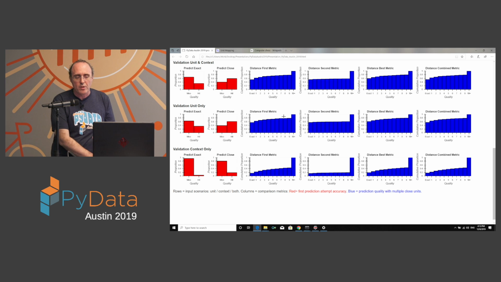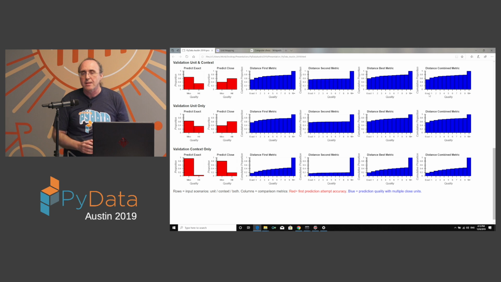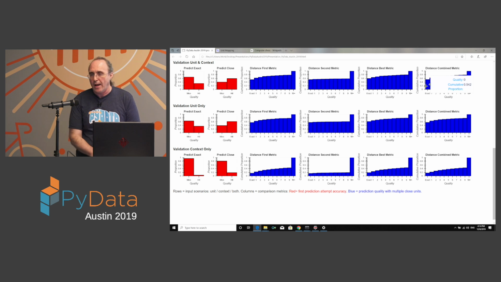I won't go into details here, but I'll just go back to this graph and say, when we combine the multiple metrics of how accurate we are, and those metrics include other things on top of the neural network, we can see that on the validation data set only, this is basically the accuracy of the neural network.